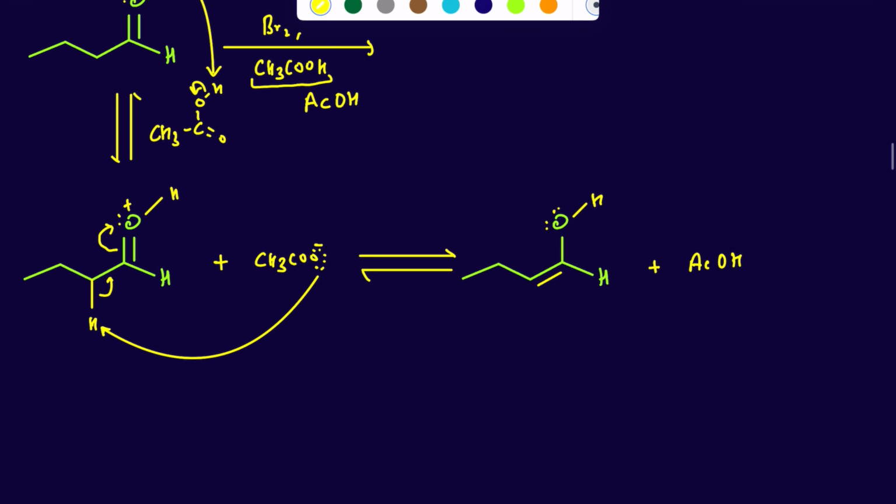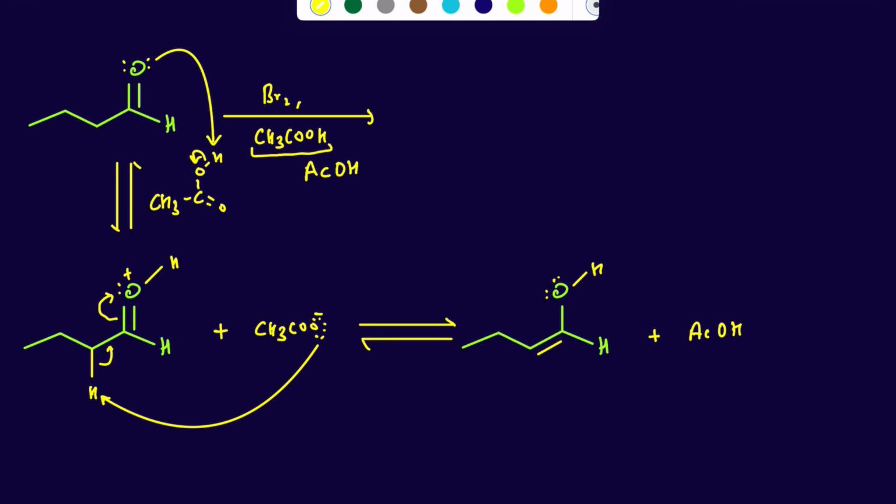So now I got the enol formed, and then in the next step, I can have the bromine being attacked by this enol. So I'll go ahead and reform the pi bond here. Then I'll use this pi bond to grab onto this bromine, and the other bromine goes away.